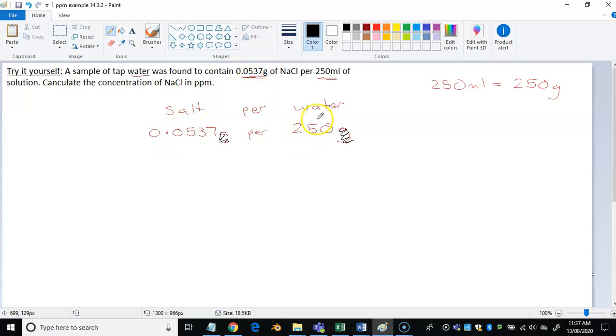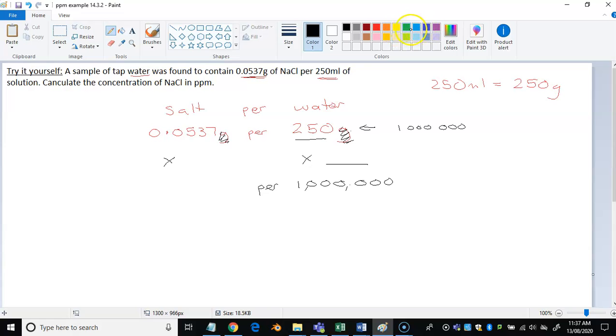Now, our job here is to turn this number into a million, which I'll put there because that's what we're aiming for. Whatever I times that by to turn it into a million, I need to times this by the same amount, and then I will have my answer in parts per million.